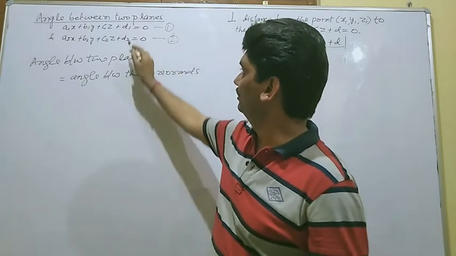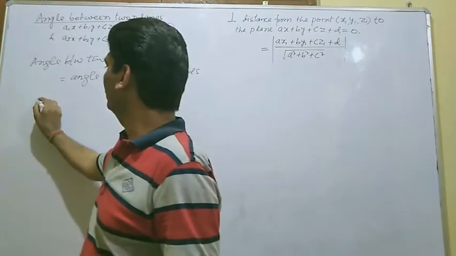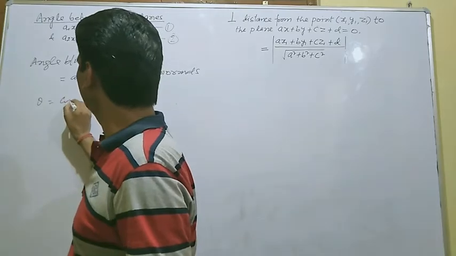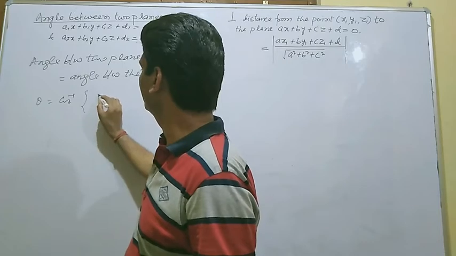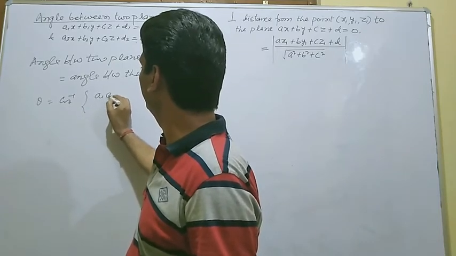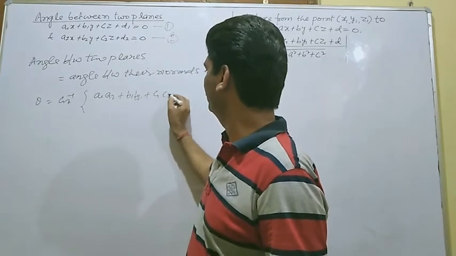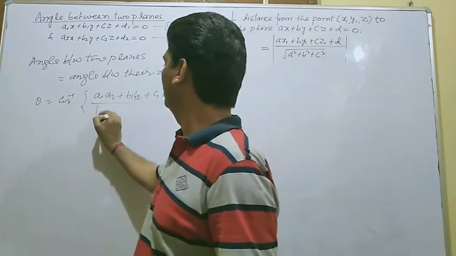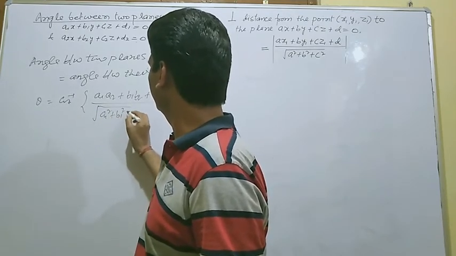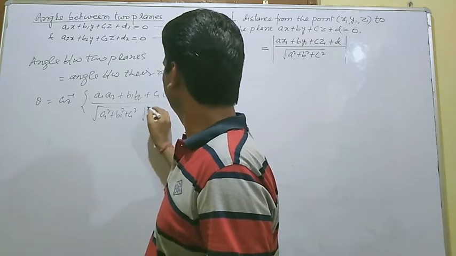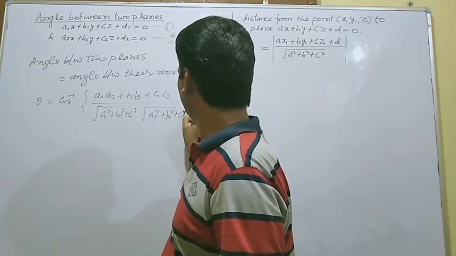Okay, so if theta is the angle between them, then theta equals cos inverse of a1 a2 plus b1 b2 plus c1 c2 upon under root of (a1 square plus b1 square plus c1 square) into (a2 square plus b2 square plus c2 square).